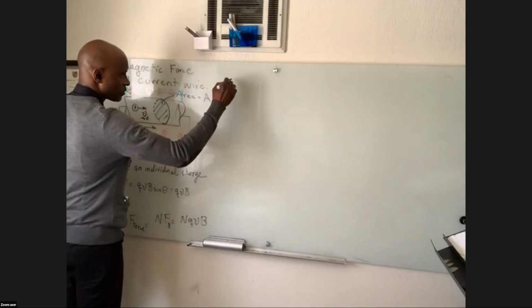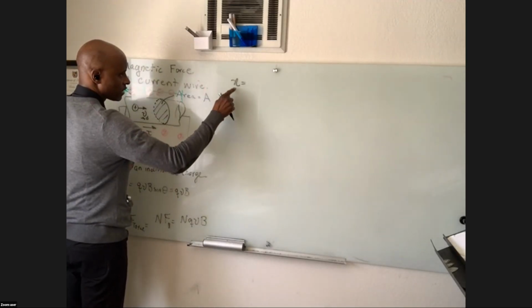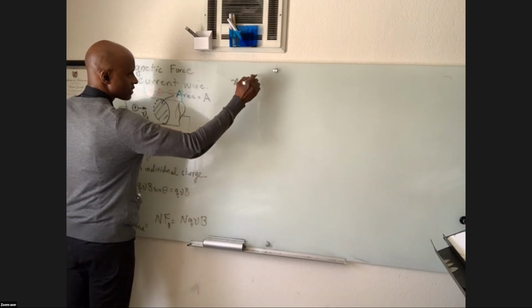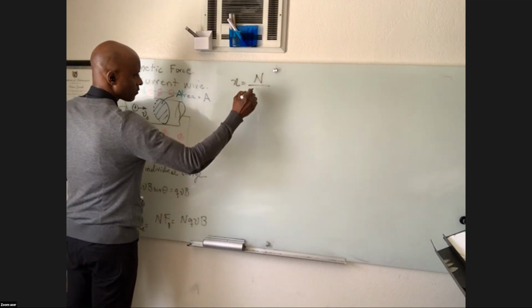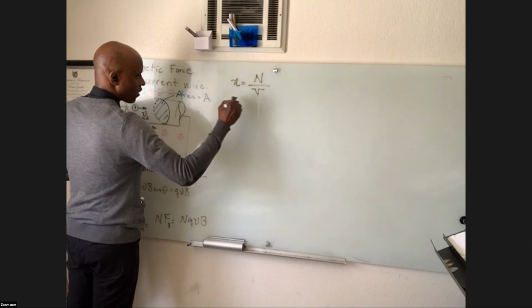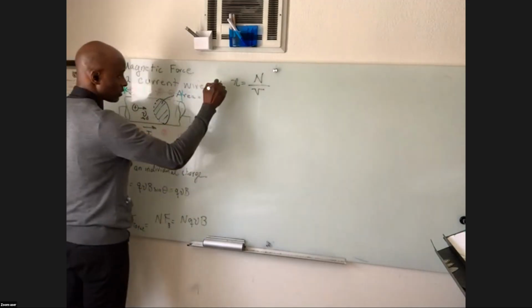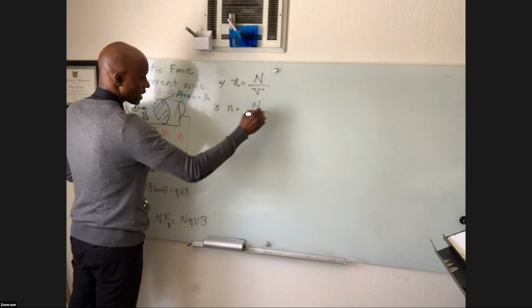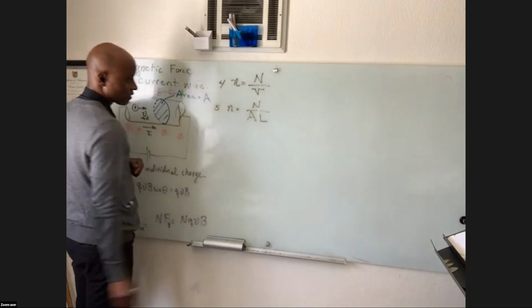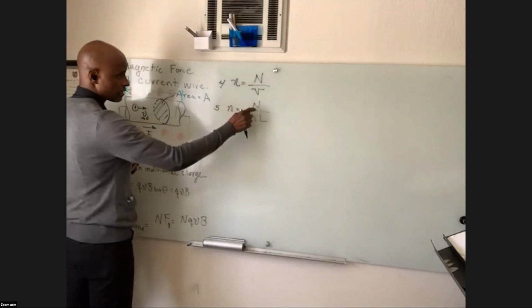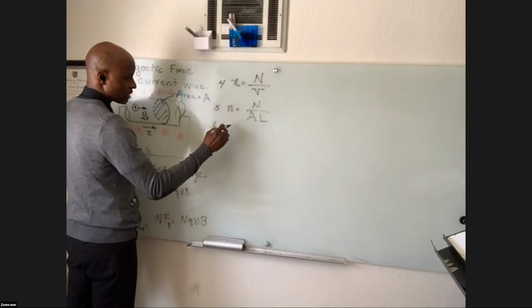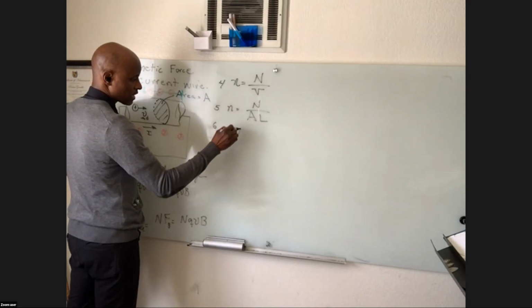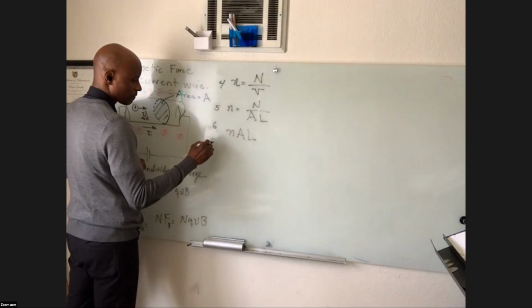But one thing we can do is to find, which we've already done, the number density. Number density is the total number of charges per unit volume. But volume is equal to area times length. So that N is equal to number density times area times length.